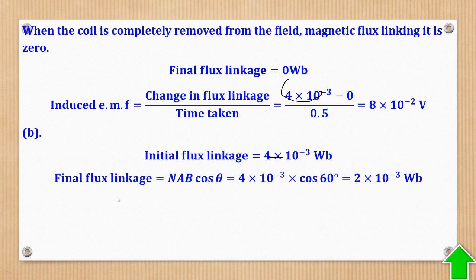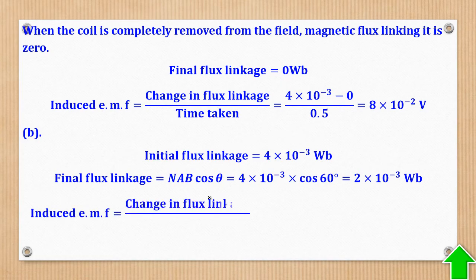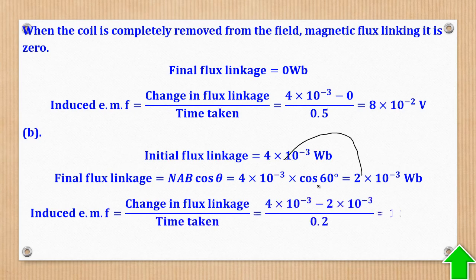So that angle will now be between the normal and the field, 60 degrees. That's why we are using it here to give you the final. Therefore, the induced EMF will now be equal to the change, this minus this, over the time taken. And that's what they wanted.